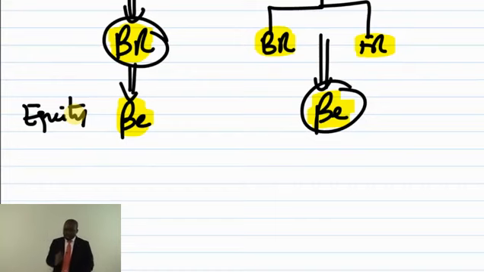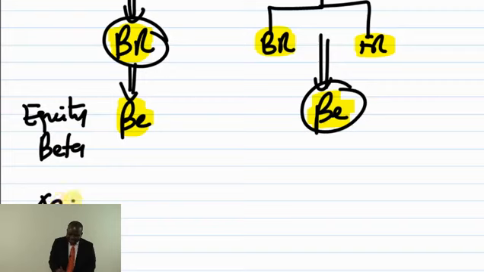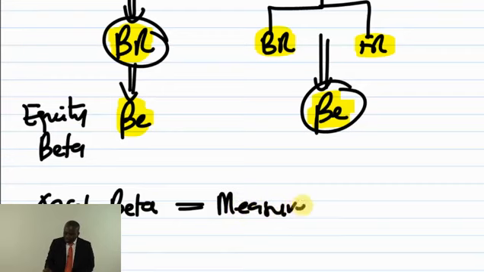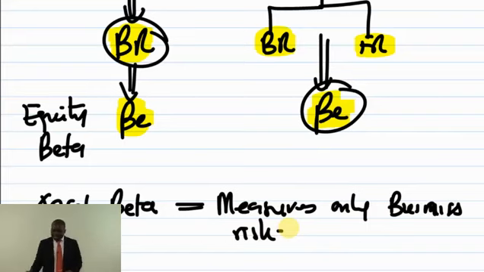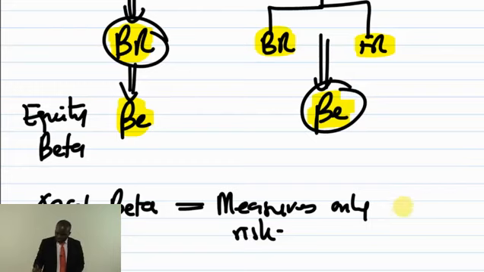Next, I'm going to come out with another terminology. When I say asset beta, it measures only business risk.